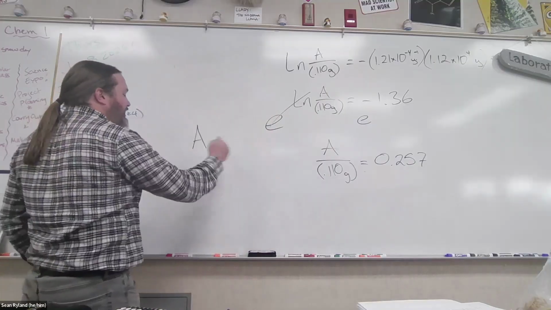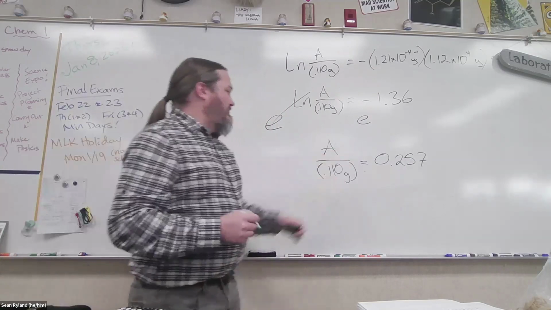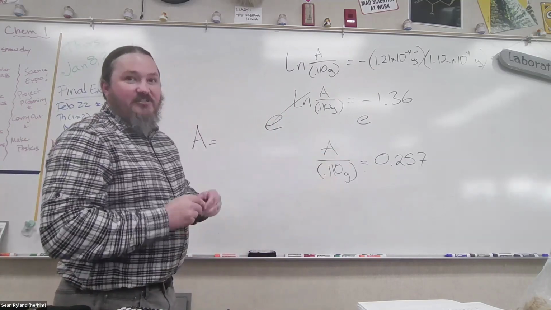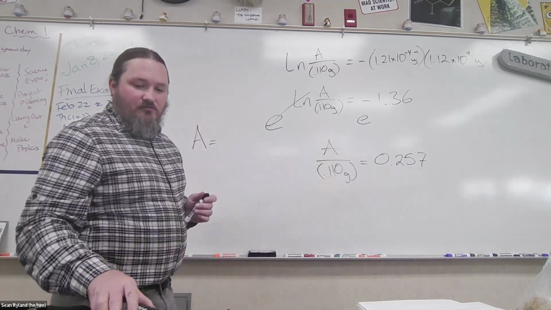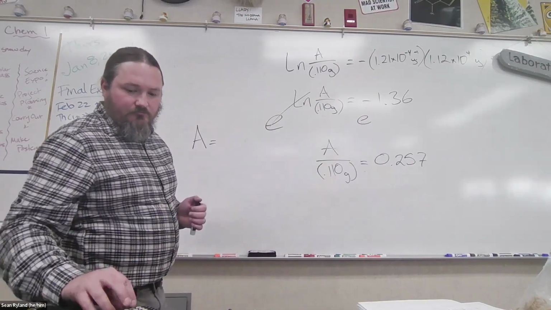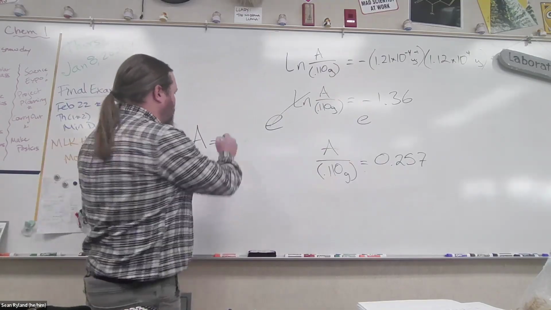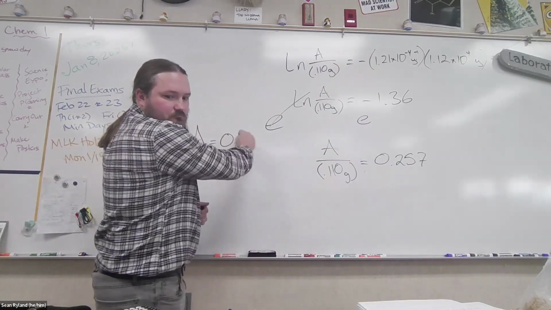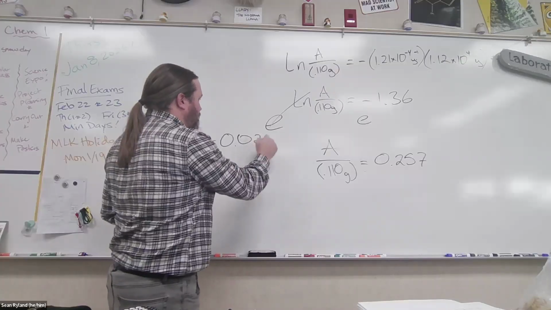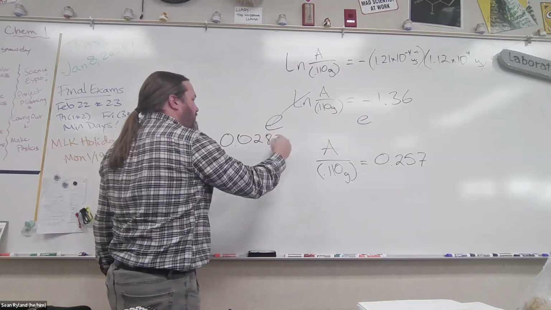So the amount of carbon we have left is going to be 0.257 times 0.110 grams, which is 0.283 grams.